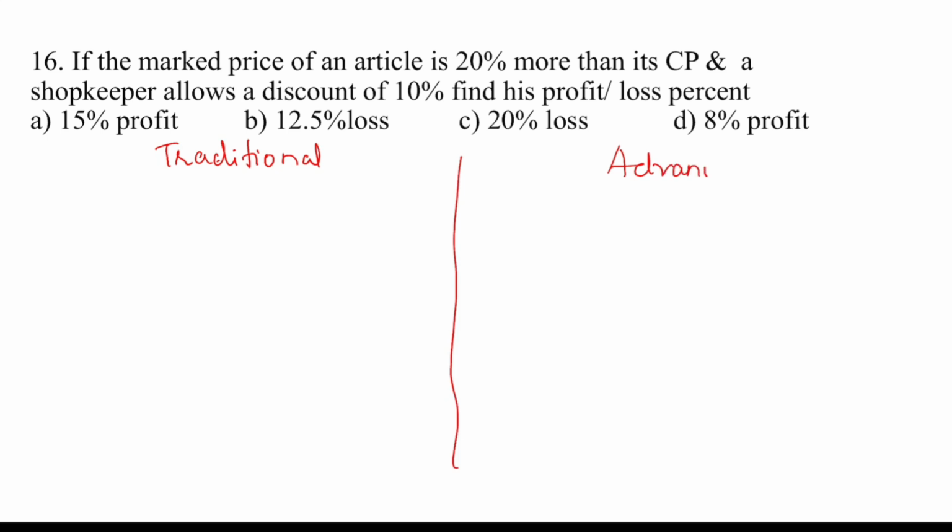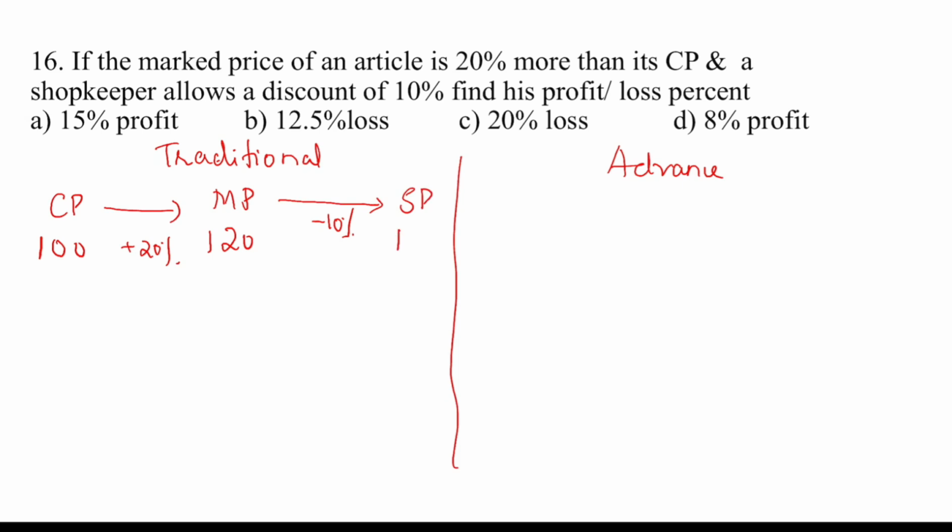Now if the marked price of an article is 20% more than its cost price, let the cost price be 100. Then the marked price is 20% more, so the marked price will be 120. And the shopkeeper allows a discount of 10% on this marked price, so the selling price will be how much?